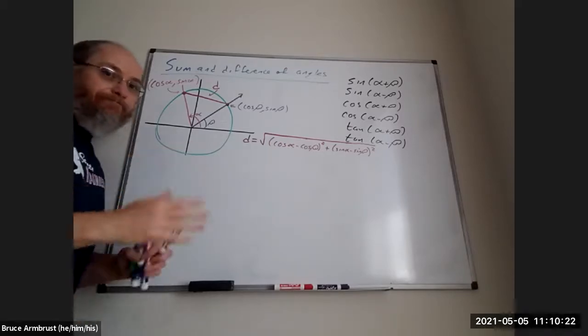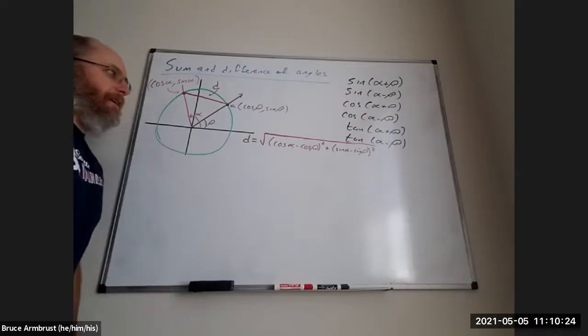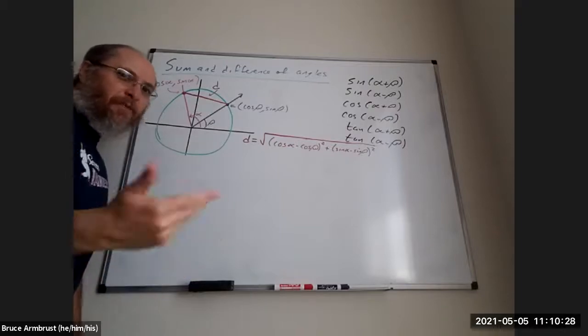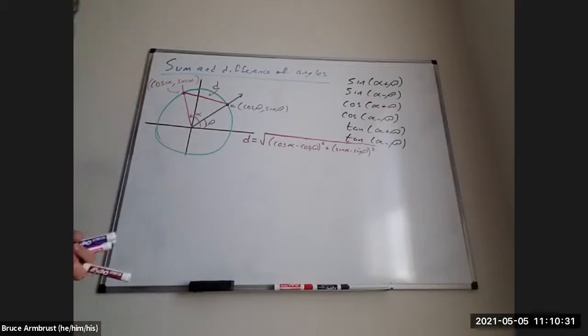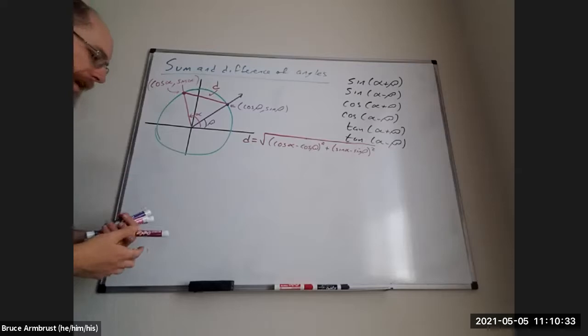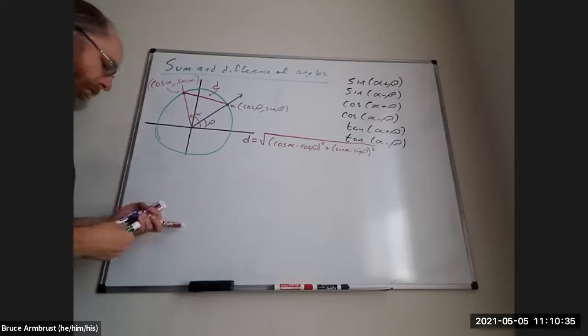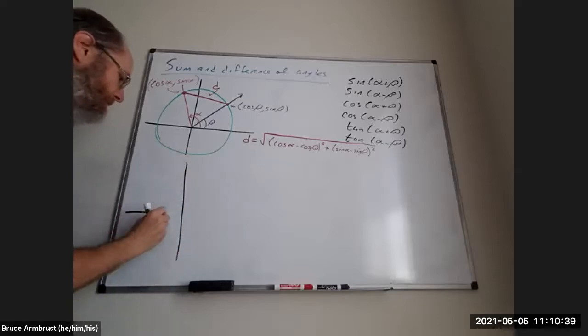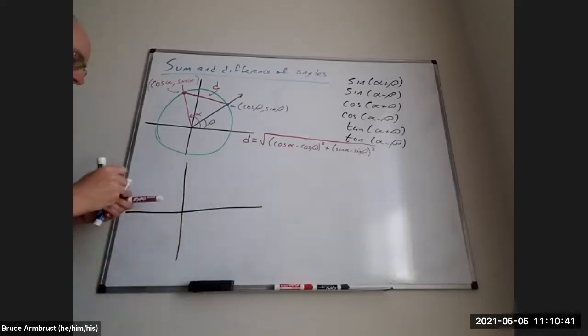All right, so anyway, there's your alpha and your beta, and we got this d for some unknown reason. Well, you'll understand in a second. So now what I want to look at is a similar picture of the unit circle, but this time I'm just going to put on the angle alpha minus beta.